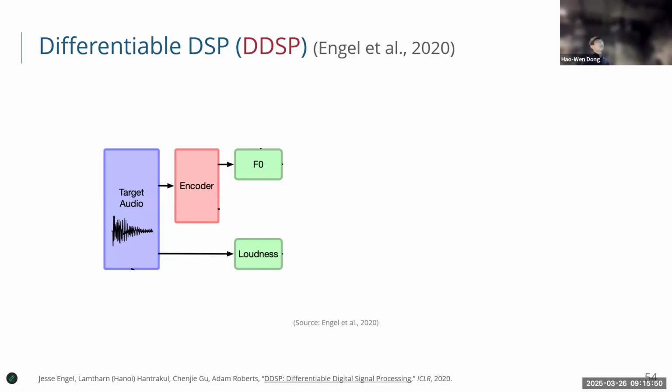The easy way to look at the core idea is that you get some audio. Think about audio that's not very long and complex. This is monophonic, single-instrument audio. You have an encoder to get the F0. As we said, we know some pitch estimation or F0 estimation models, so this is a deep learning model. You also extract the loudness.